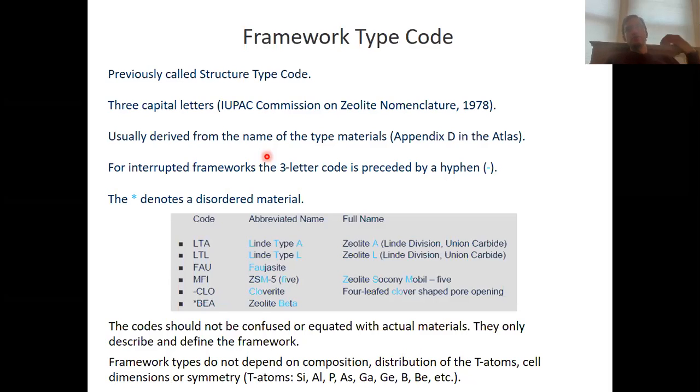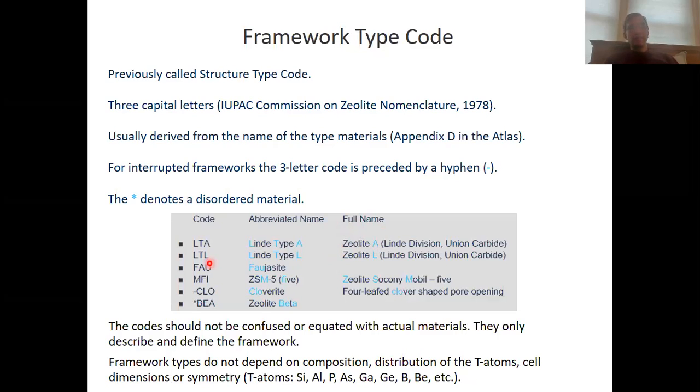And the name is often associated with the discoverer of the respective material. So for instance, we have a code named LTA, which stands for Linde Type A, whereby Linde is a company, a German gas company. The full name is Zeolite A. That's basically the name the company has given that zeolite.